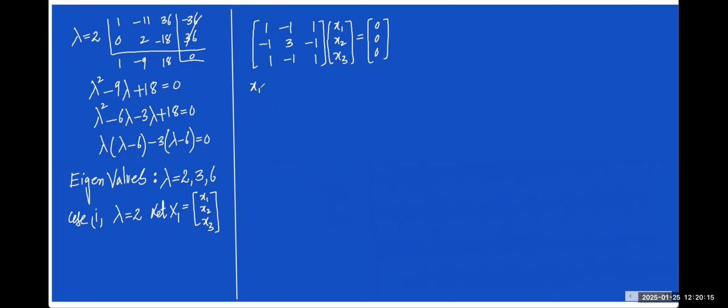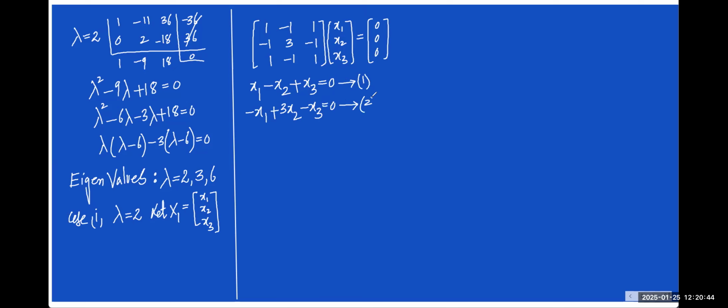Solve any two. 1x1 minus 1x2 plus 1x3 is equal to 0 is the first equation I am considering. Now the second equation is minus x1 plus 3x2 minus x3 is equal to 0.